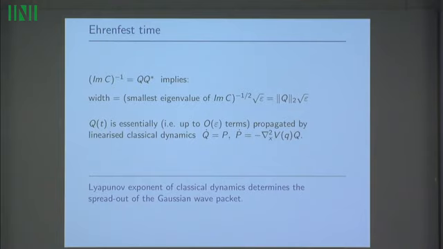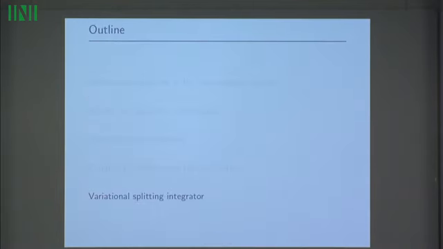Okay. So these are the equations of motion which we want to solve numerically in a decent way. In a decent way, I mean preserving all the good properties. So that's where we are back to geometric numerical integration.